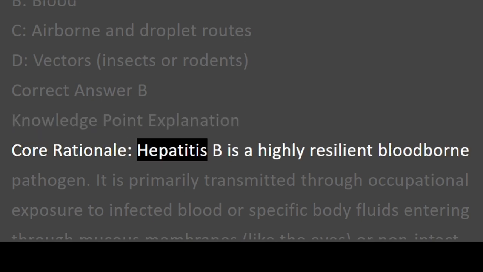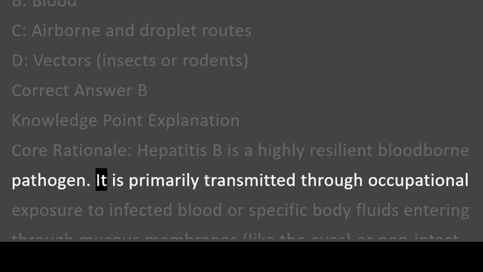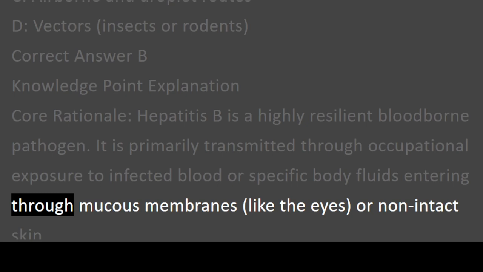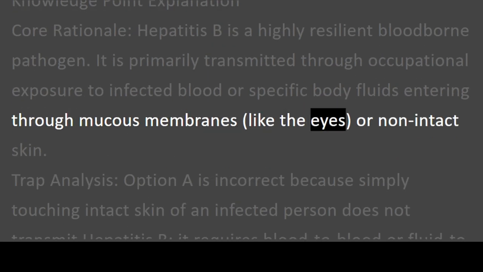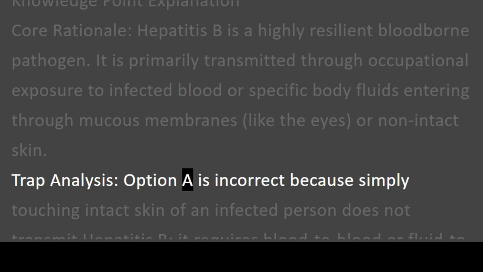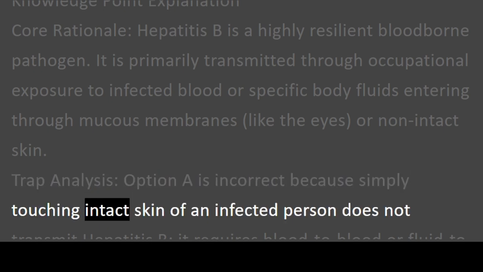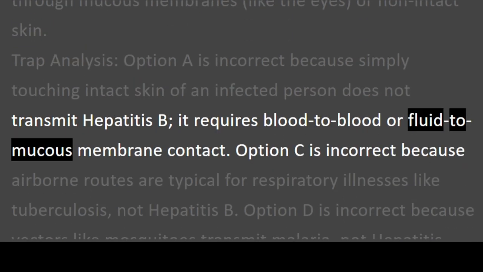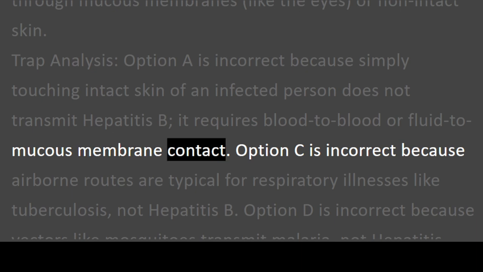Knowledge point explanation. Core rationale. Hepatitis B is a highly resilient bloodborne pathogen. It is primarily transmitted through occupational exposure to infected blood or specific body fluids entering through mucous membranes, like the eyes, or non-intact skin. Trap analysis. Option A is incorrect because simply touching intact skin of an infected person does not transmit hepatitis B. It requires blood-to-blood or fluid-to-mucous membrane contact.